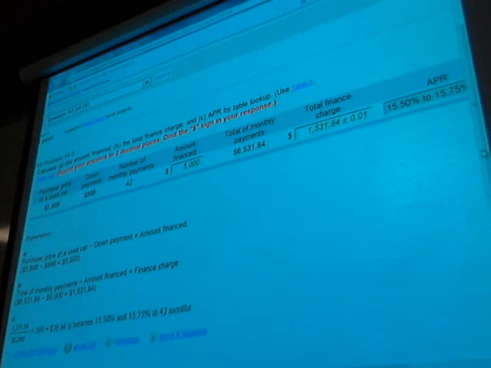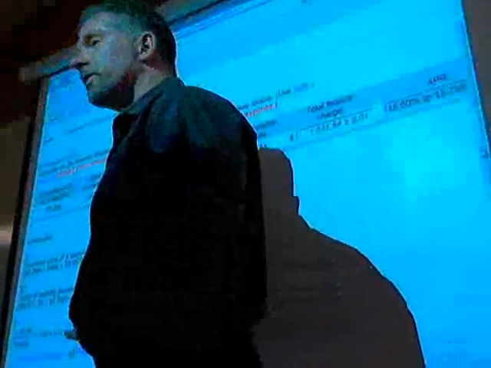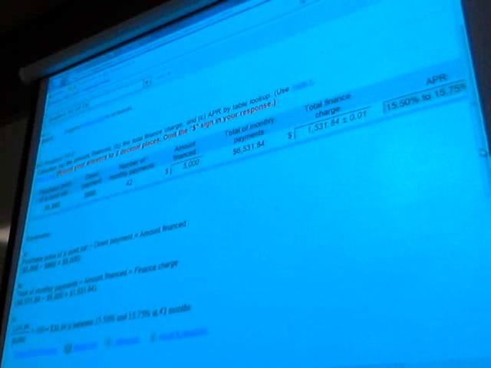Whenever you go to the table, you take the number of payments, the periods, and you go over and you find the range. Whatever number, this will fall in between two numbers. So the number that's before it and the number that's after it, you will follow those two to the top of the table, and then your answer will be right there. So that's how we have to put it in there. It's a drop-down box. Oh, okay. Yeah.